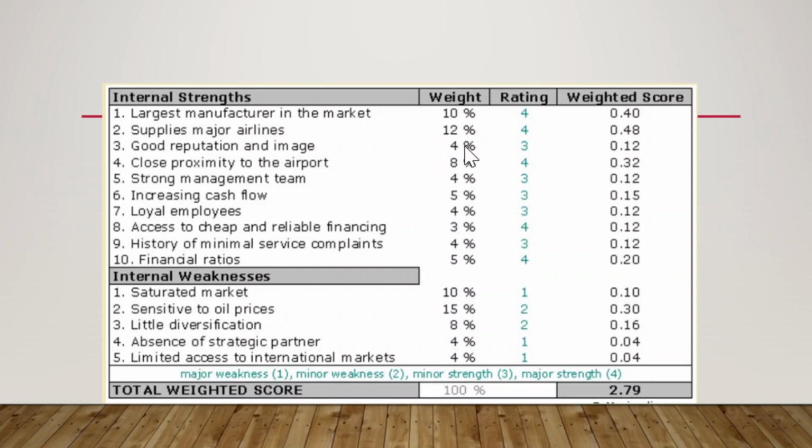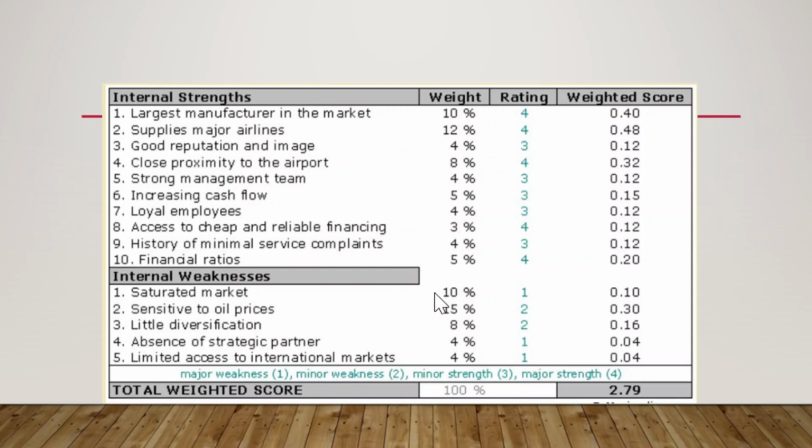for the firm in order to achieve competitive advantage. So, yung largest manufacturer in the market na given siya ng 10%, or 0.1, and then yung supplies major airlines 12%. Ito yung mga malalaki dito sa strength niya, given yung weight, and also they are given 4. So, ibig sabihin, they are the major strength ng firm natin.